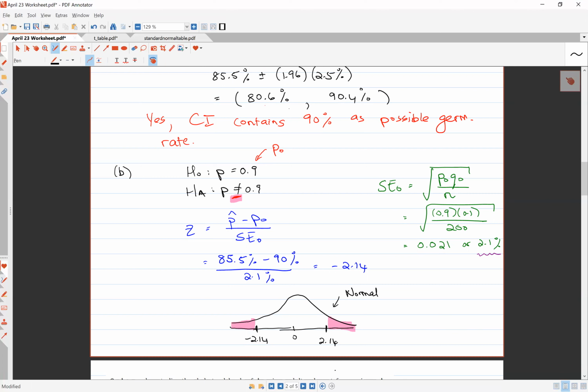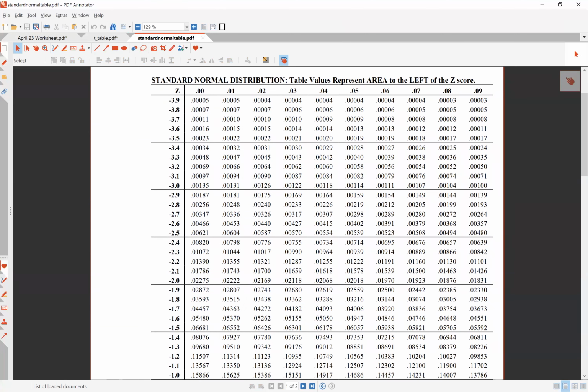Now, here again, we need to turn to our normal table, and we need to go look up in our normal table negative 2.14. So negative 2.1 and the extra 0.04 corresponds to 0.016. Remember, the standard normal table represents area to the left.